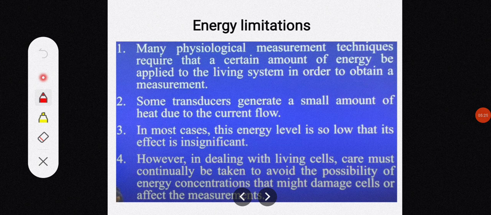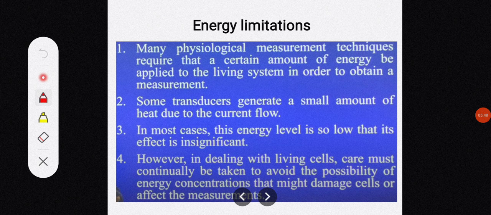For example, I want to measure the resistance of a certain tissue. For that, I need to introduce a transducer and flow electric current through the tissue whose resistance is to be measured.